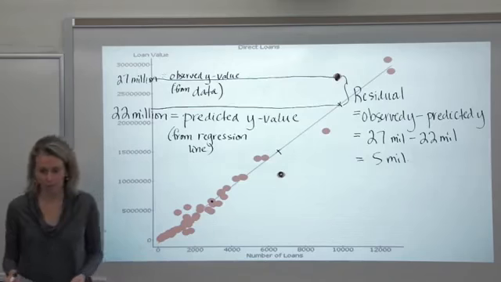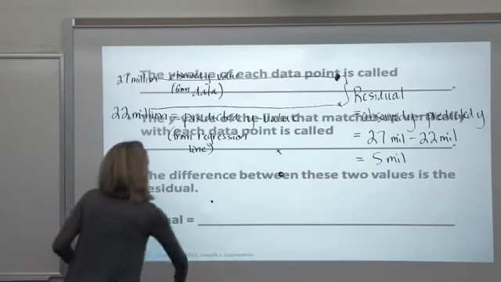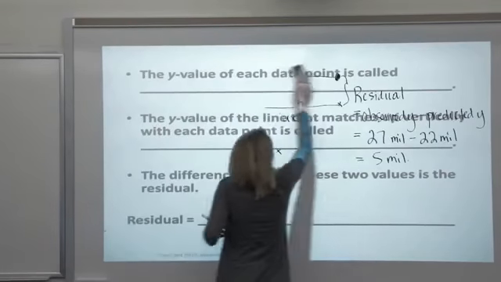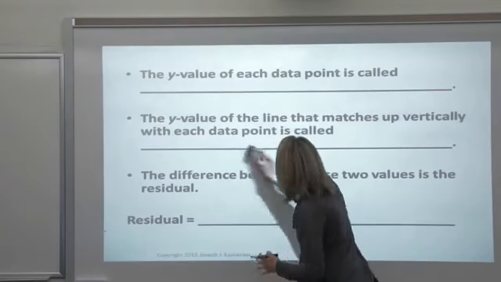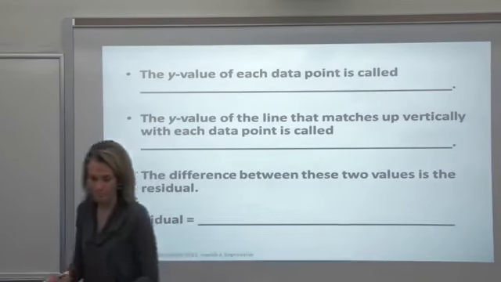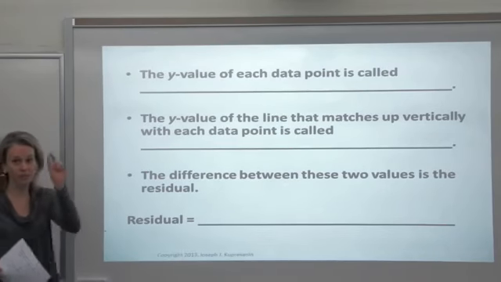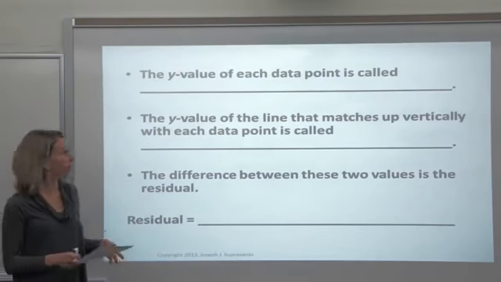Okay, so that's the concept of what a residual is. Let's talk about why they're important and summarize a few things that we just went over. So the y value from each data point, the y value that's listed in your actual set of data, that's called the observed y value.